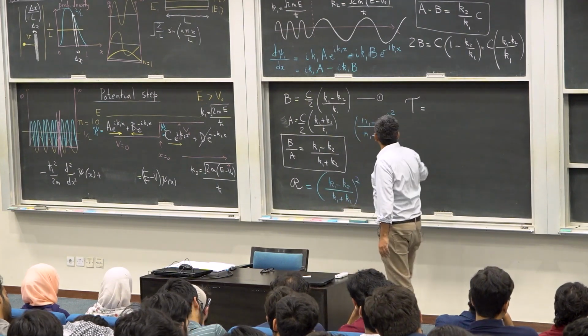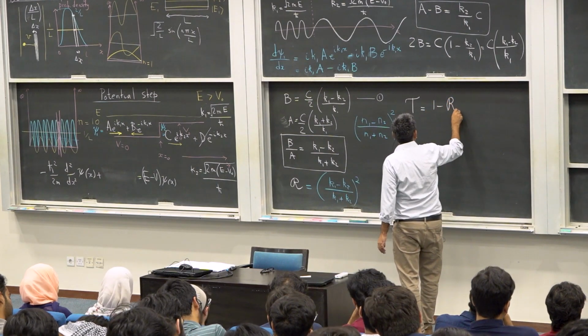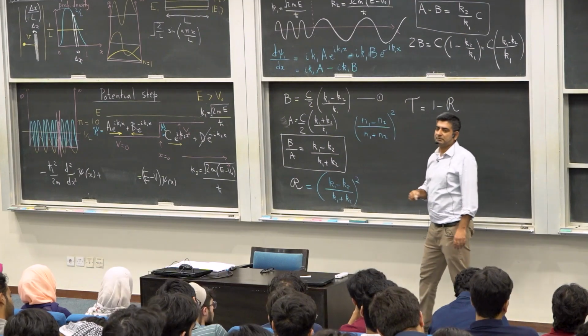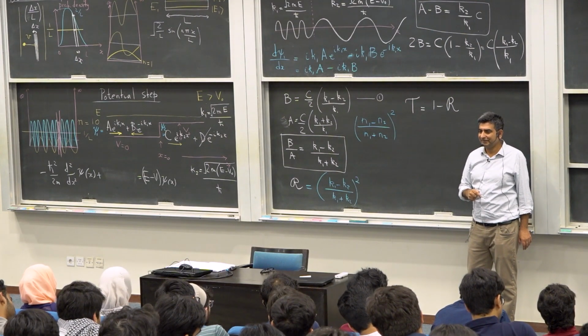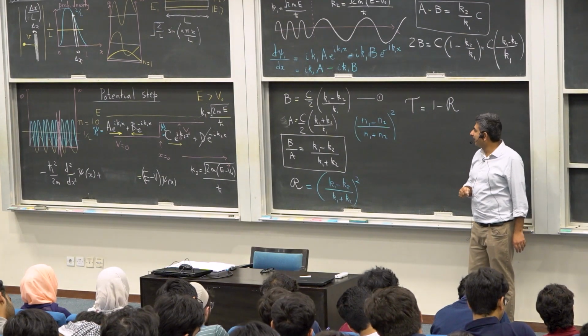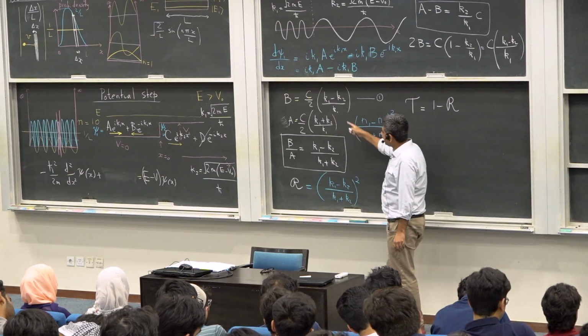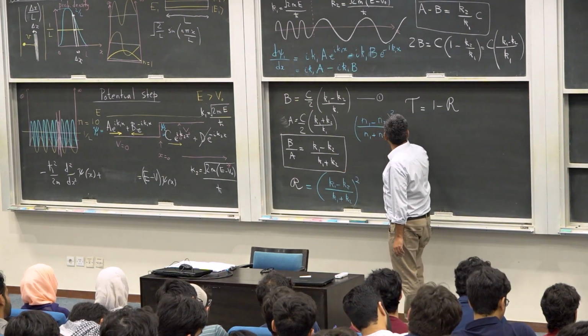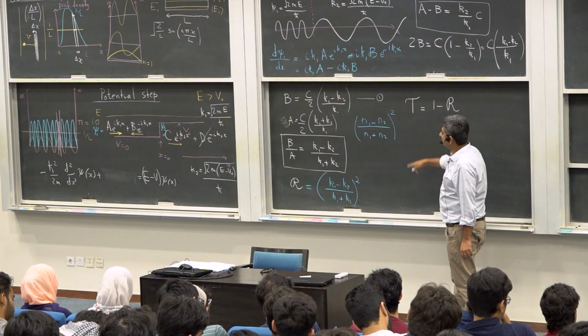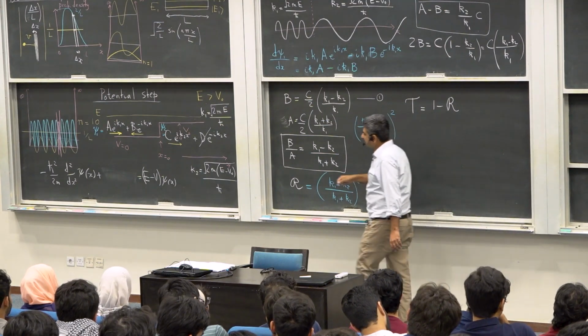It must be 1 minus this thing. All right. And I've used some process to calculate T. Can I find out T from first principles as well, from these amplitudes?